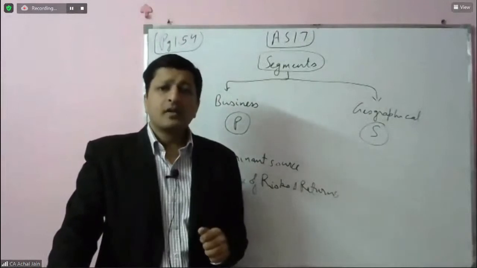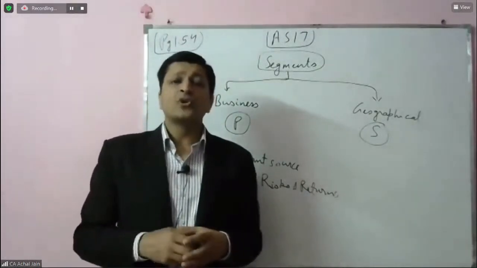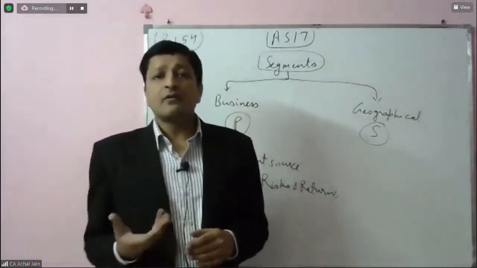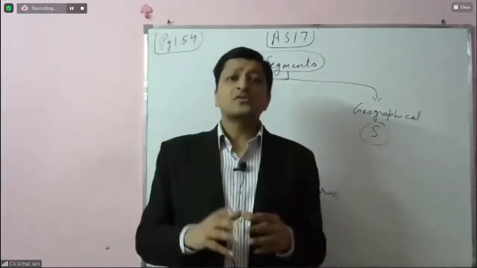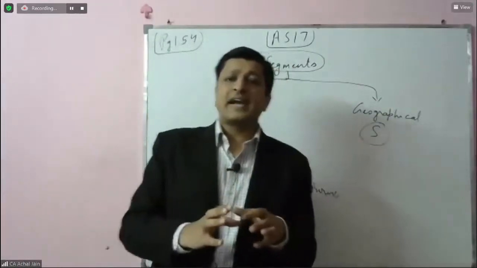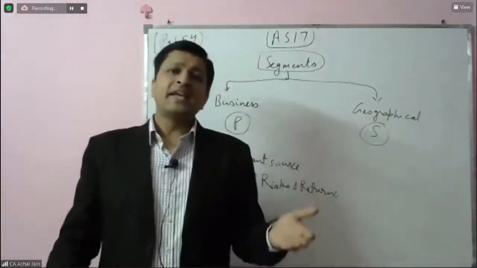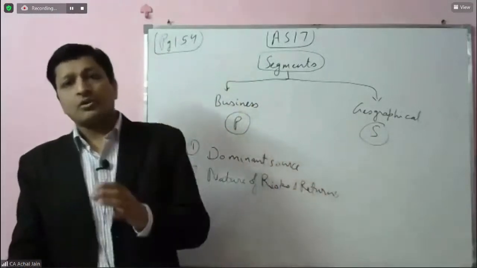For example, if we talk about an entity which is mainly focused towards development of its business, say in the US. So what's the focus of the entity? The focus of the entity is the geography. Be it any product, the focus is completely on the geography.